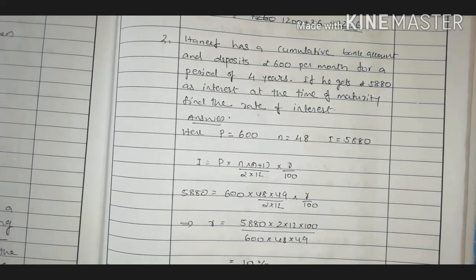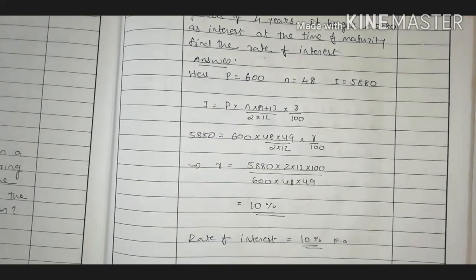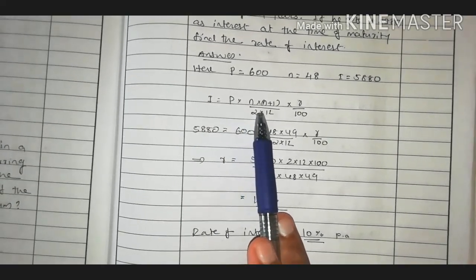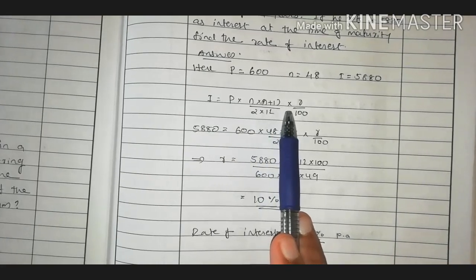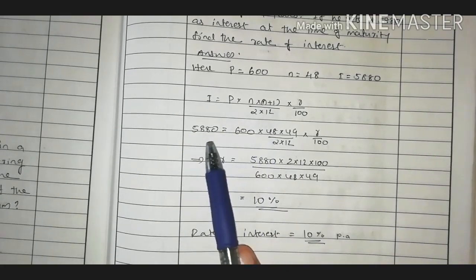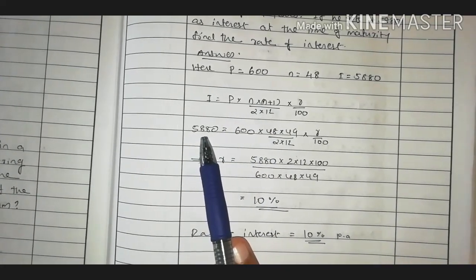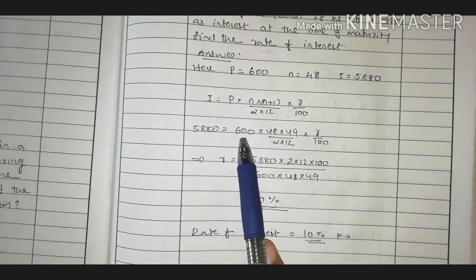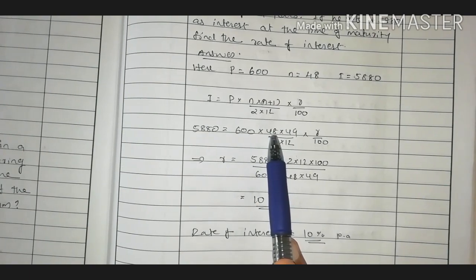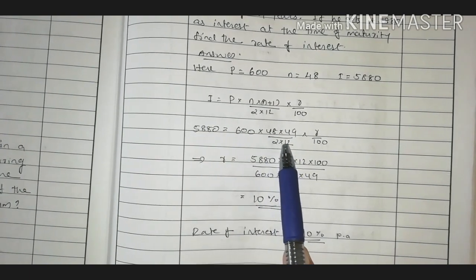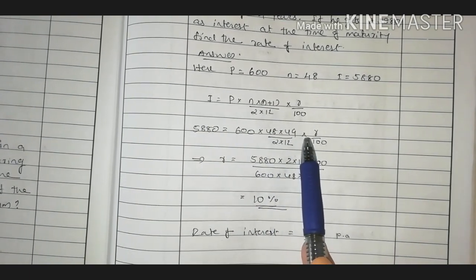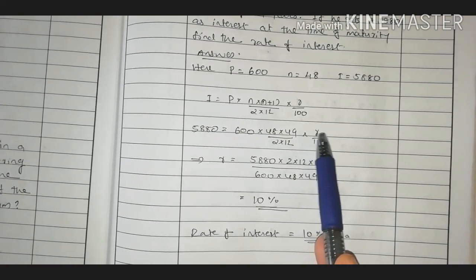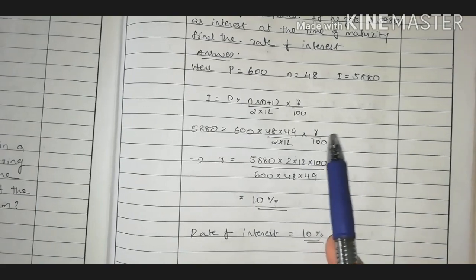So here also we can use the same formula, that is I is equal to P into N into (N plus 1) divided by 2 into 12 into R by 100. Here I is given, that is 5880, and that is equal to 600, that is P, into 48 is N, plus 1 is 49, divided by 2 into 12, and that into R by 100, because here we have to find the rate of interest.